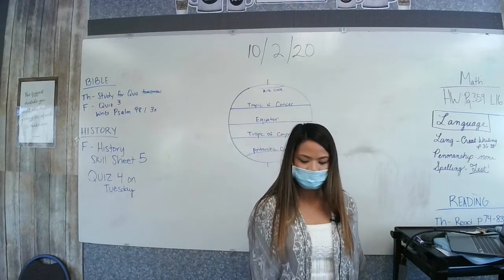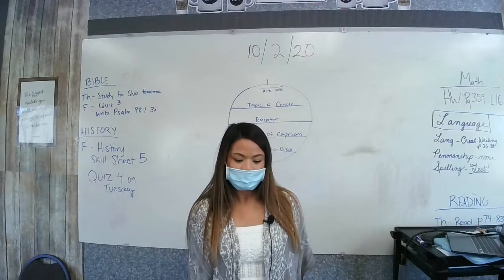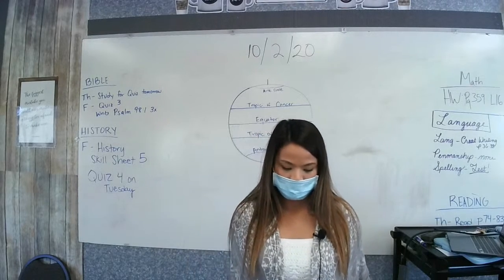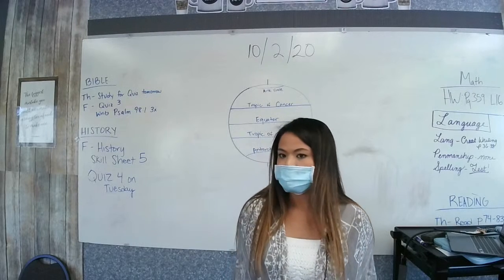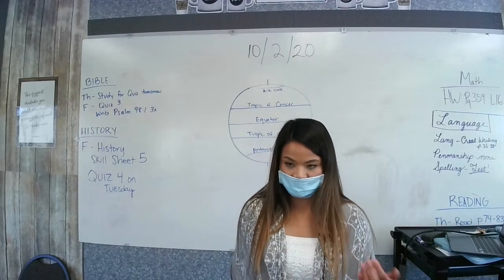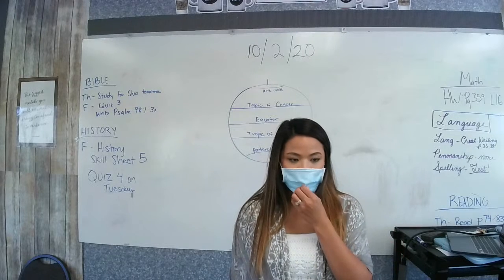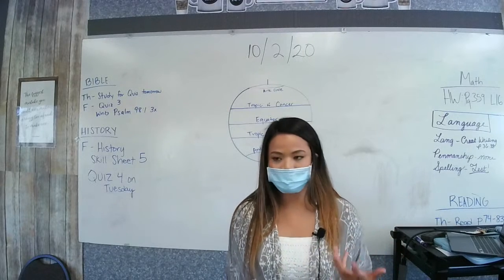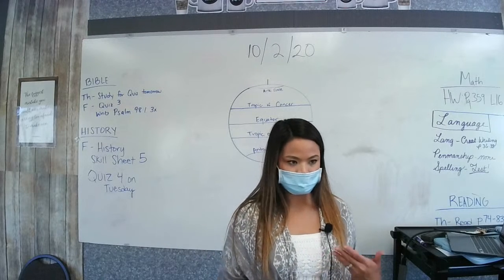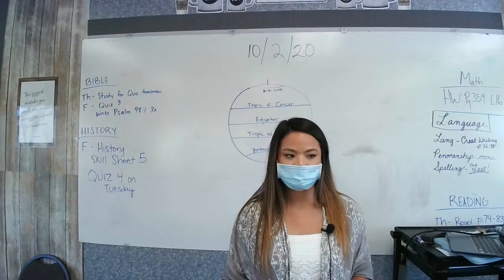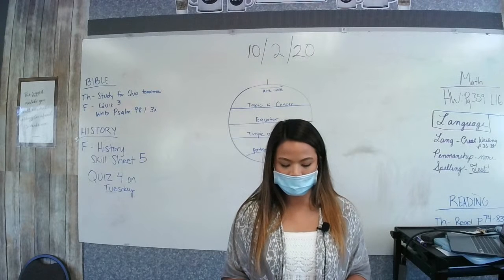So the Hittites were actually an empire, okay? So we said, well, what did we say was a group of people that thought of themselves as one and were often united under one ruler? Josiah? A nation, okay?